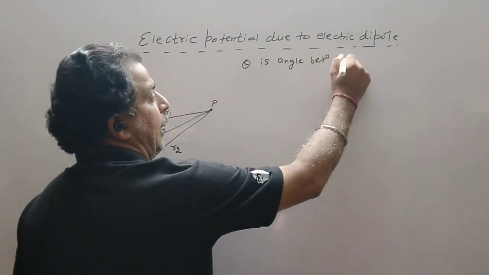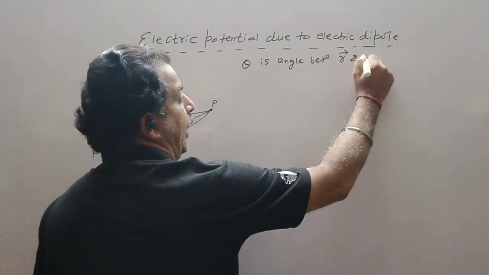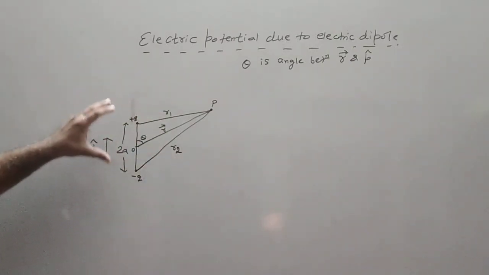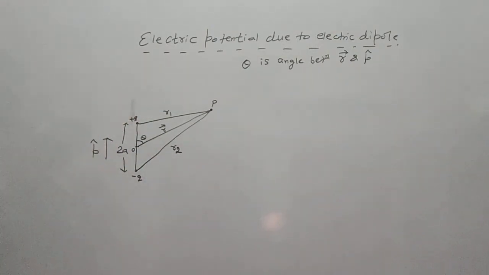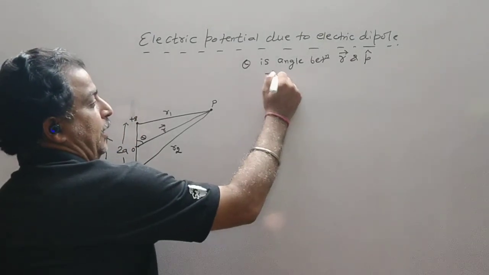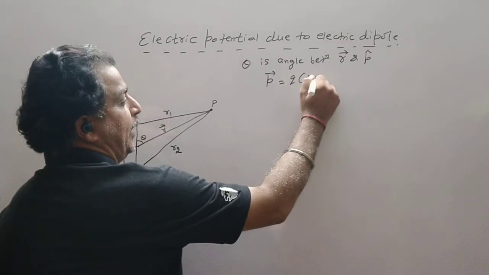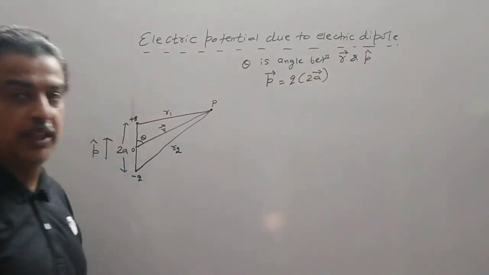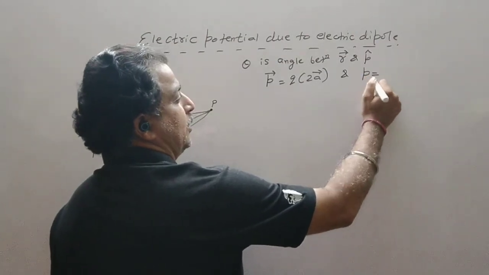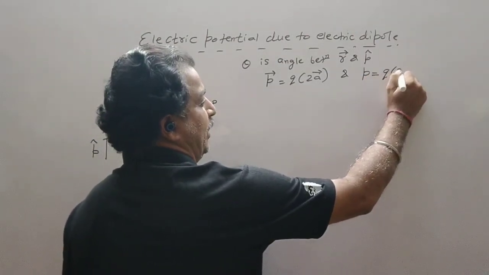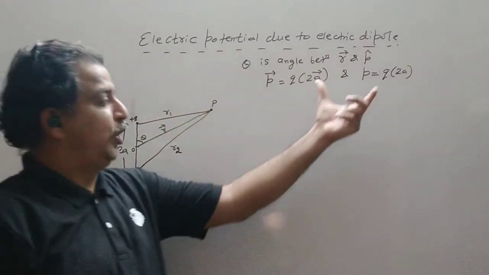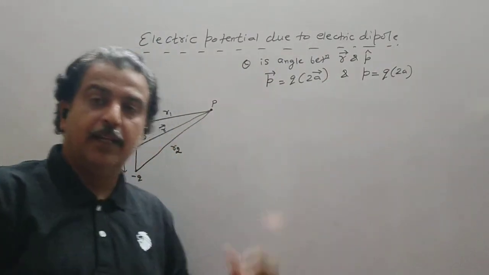R1, R2 are the distances, 2a is the distance between the dipole. So p vector is equal to Q into 2a, that is our definition. And because we are dealing with the scalar quantity, the magnitude will be equal to Q into 2a. So this is the formula which we may require.